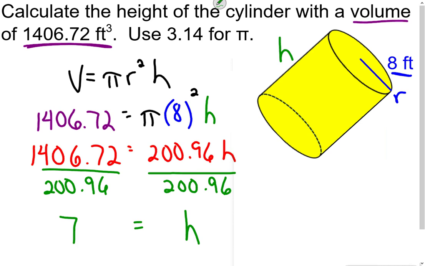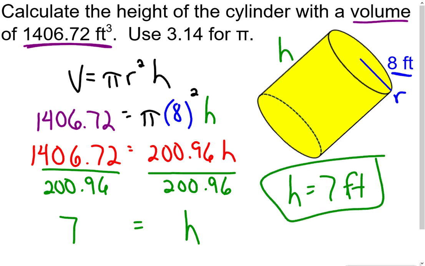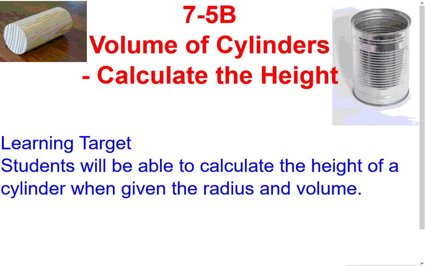So in this problem, my height came out to be 7, and this one is feet. Get the proper label on it, and I've done it. And we are now complete with our video on calculating the height of a cylinder when we know the volume and we know the radius.